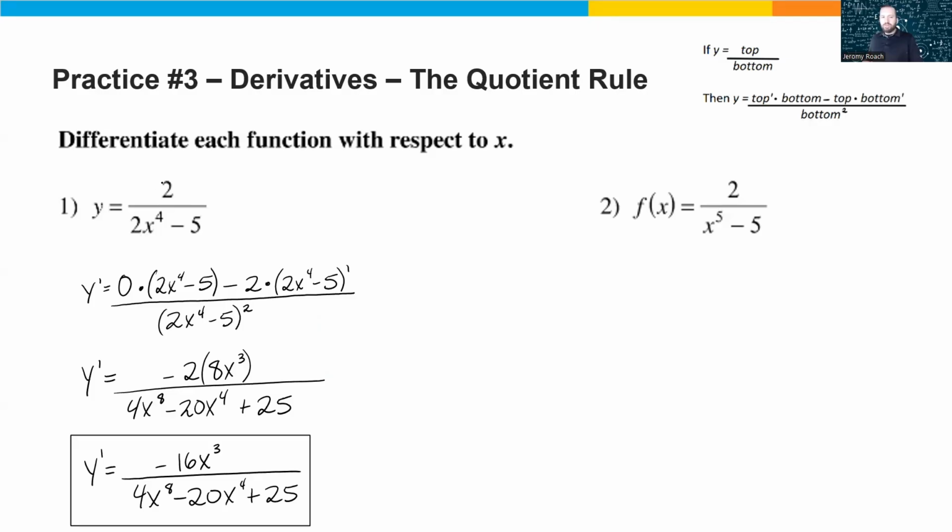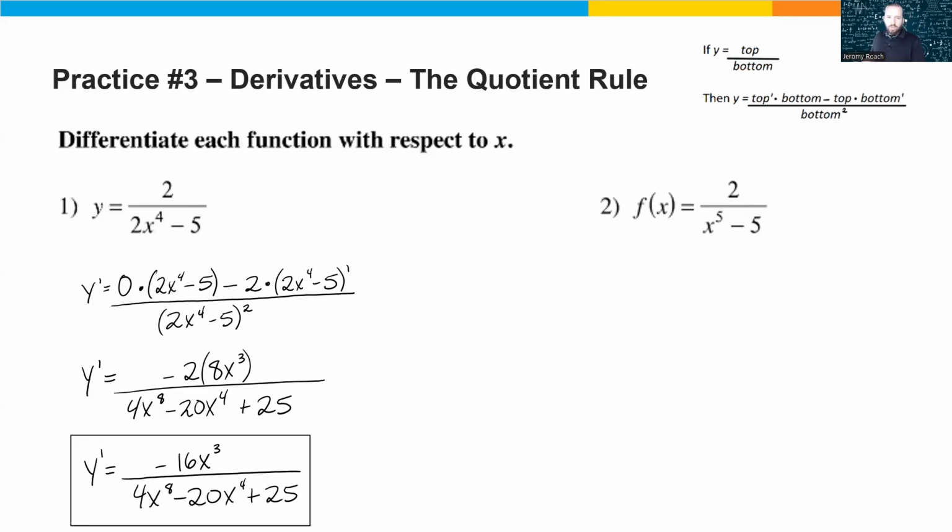So we do the derivative of the first, which is just 0, times the denominator. So derivative of numerator, 0 times denominator, minus numerator times derivative of the denominator, all divided by denominator squared.